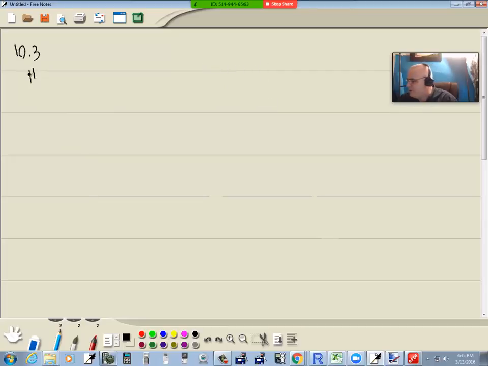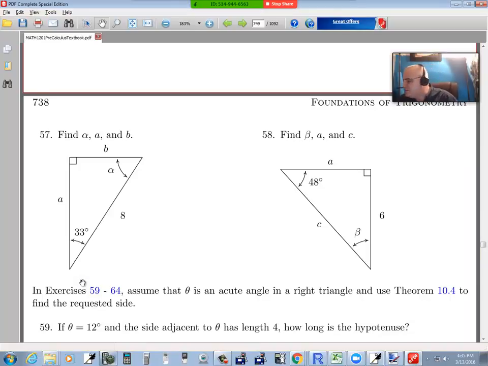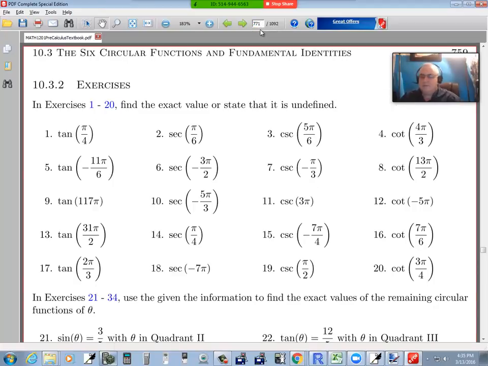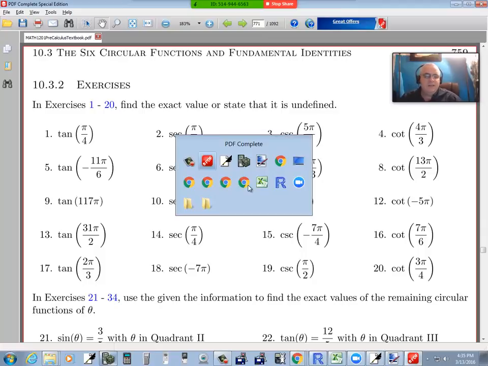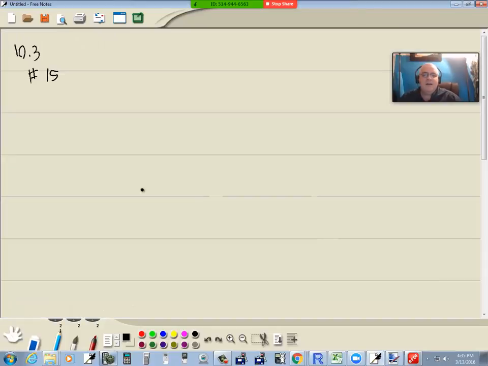And in 10.3, our first one is number 15. This is on page 771. And what problem did I say? 15. We got cosecant of negative 7 pi over 4.